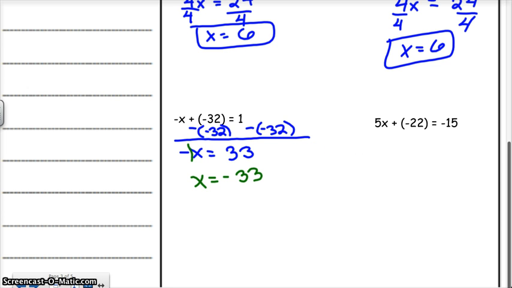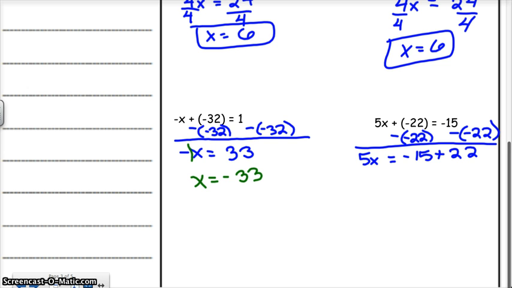Okay, 5x plus a negative 22 equals negative 15. The first sign is this plus. What's the inverse of plus? Subtract a negative 22. And I get 5x, that cancels out, equals negative 15 plus 22.